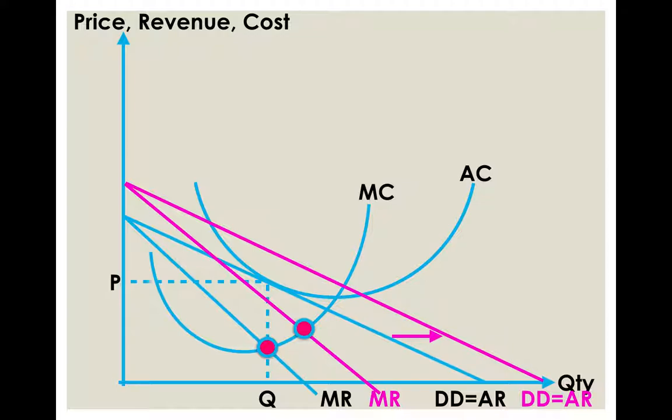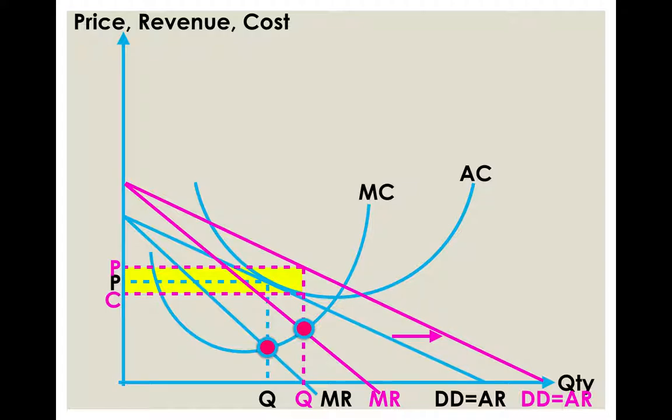So this monopolistically competitive firm will now be producing at a higher quantity and charging a higher price, the pink colored P. At this higher quantity, pink Q, the average cost incurred is given by the letter C. And you notice that because of this increase in demand, this firm is actually experiencing supernormal profits.